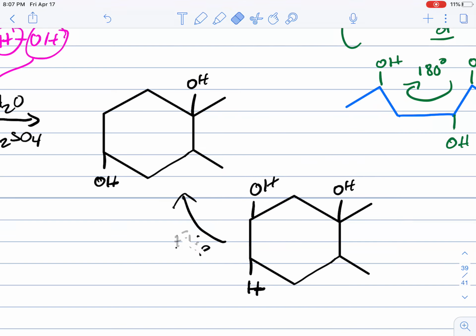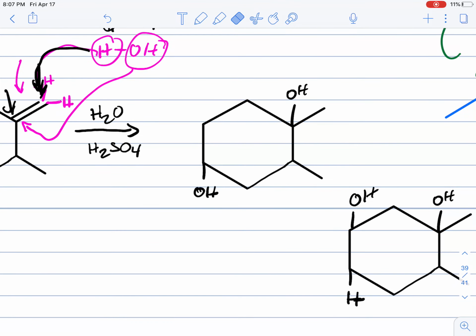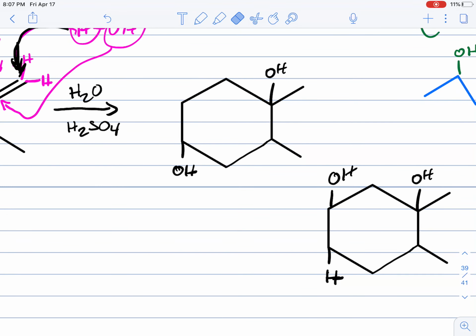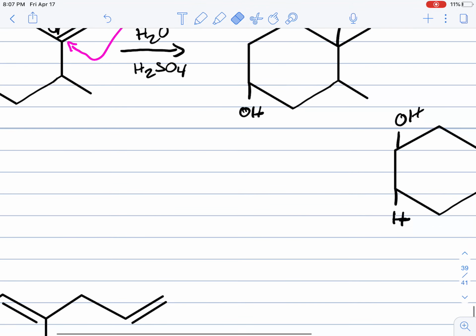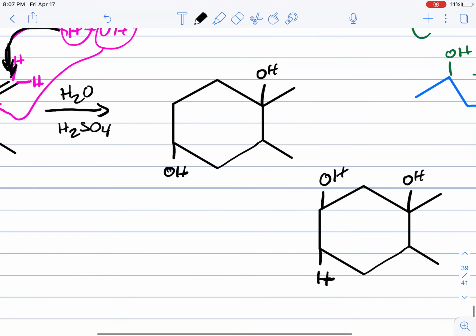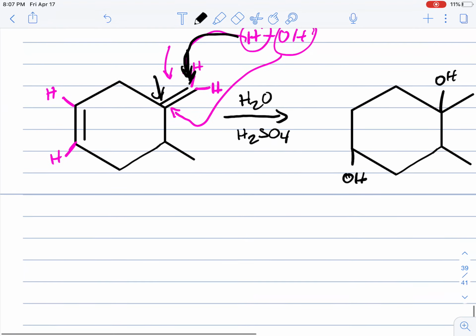And so therefore, you'll have two different answers. And if you draw both, that's cool. If you guys are only able to draw one, that's fine too, as long as you guys draw at least one correct structure.